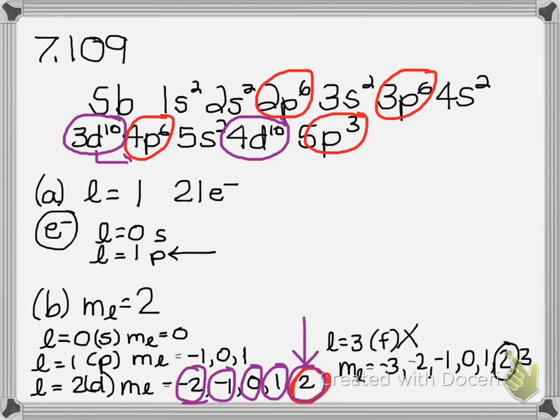So I would have 2 electrons out of the 10 here that has m sub L equals 2 and 2 total here. So a total on letter B of m sub L equals 2, I would have a total of 4 electrons.